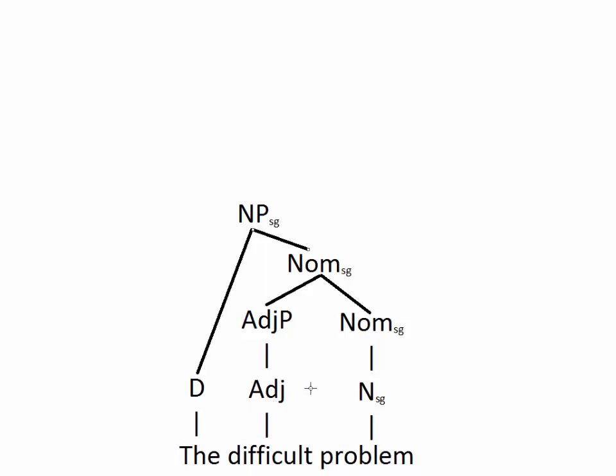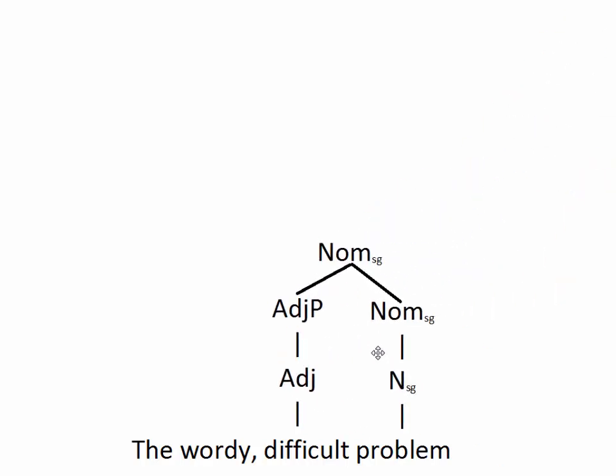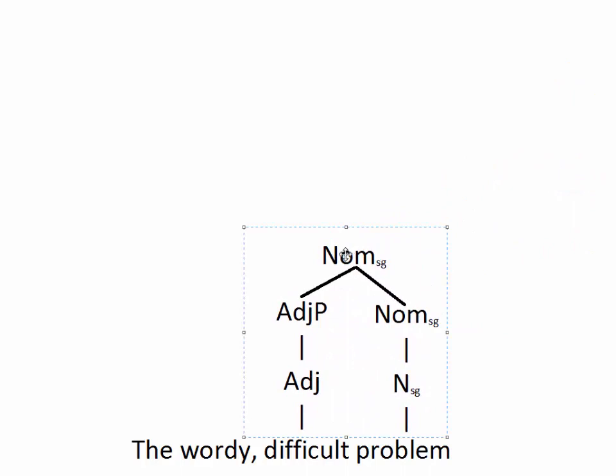Now let's look at one where we have more than one adjective. So we can add in another adjective with like the wordy difficult problem. Okay, so we can take a difficult problem whose structure we've already seen, and we've drawn it up as this. We've got a nominal here, and now we want to add in another adjective phrase. Okay, so we can add in wordy. We've already seen that's an adjective, very wordy, how wordy.